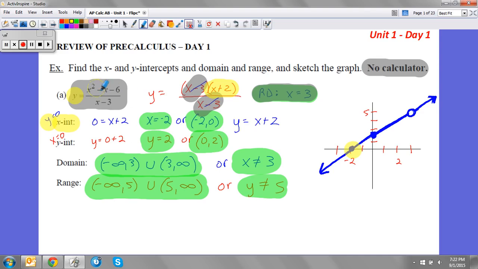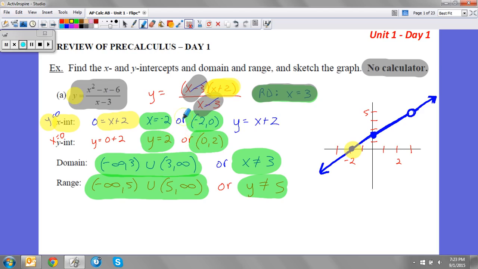So I'm setting the top equal to 0. Mind you, I'm not going to account for this 3 because we've already distinguished that as a removable discontinuity. So the only thing left over is that x plus 2 factor that you see me set equal to 0. Solving for that will give you x is equal to negative 2, or negative 2, 0 as a point.